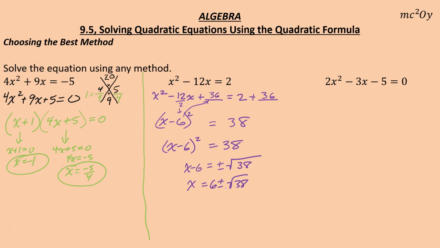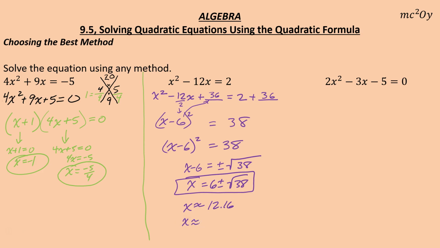Now, if we wanted to round this, this would be a fine answer as well, unless for some reason they actually said, go ahead and round your answer. If they said round your answer, you'd have to do 6 plus root 38, which happens to be 12.16 if we round to the nearest hundredth.